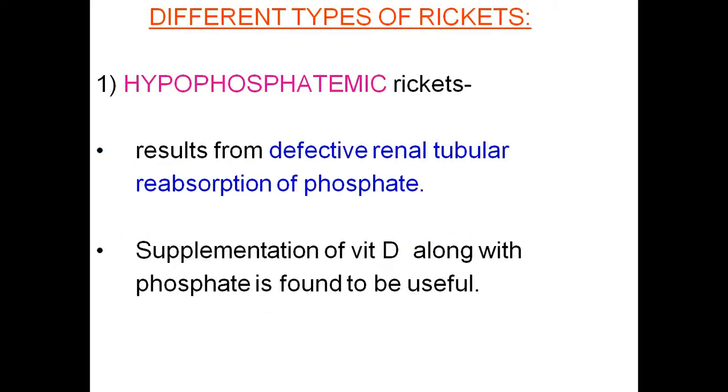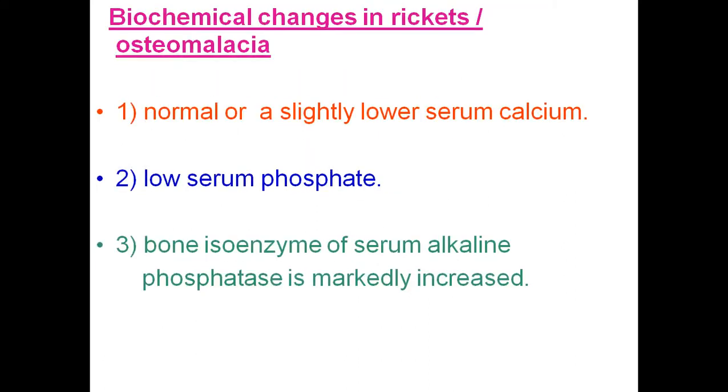Now, the biochemical changes in rickets or osteomalacia: normal or slightly lower serum calcium levels will be observed in these patients. Low serum phosphate is also observed. Calcium and phosphate values in the blood are both found to be low.